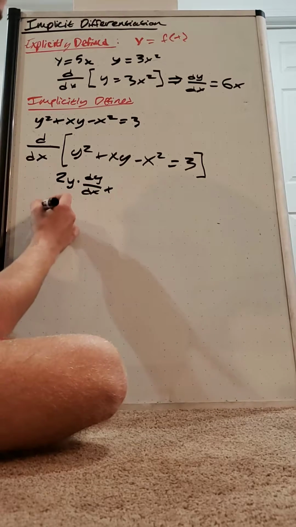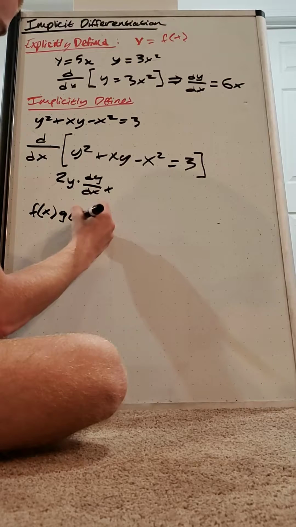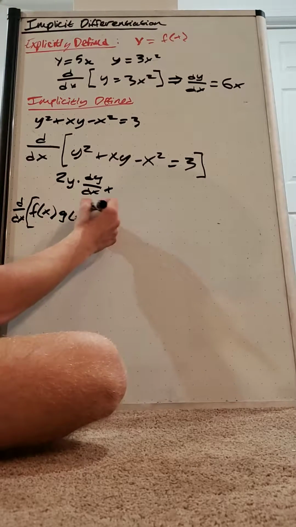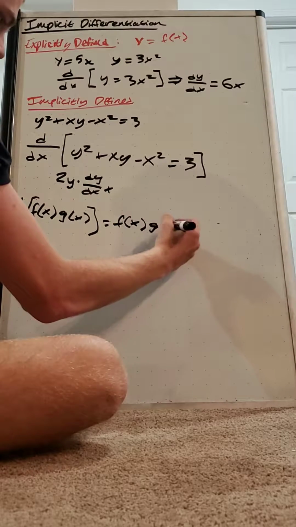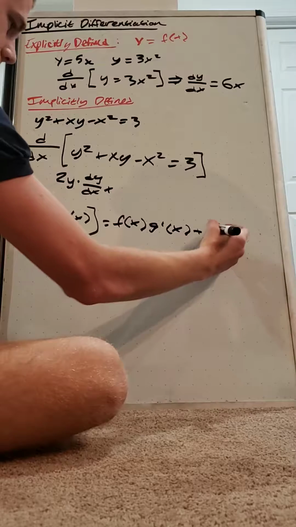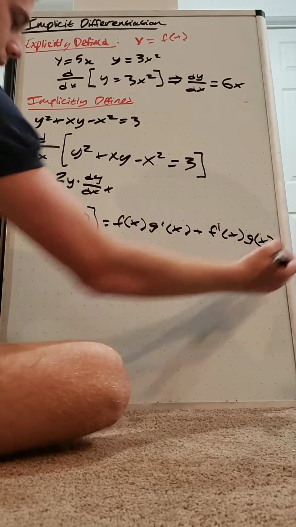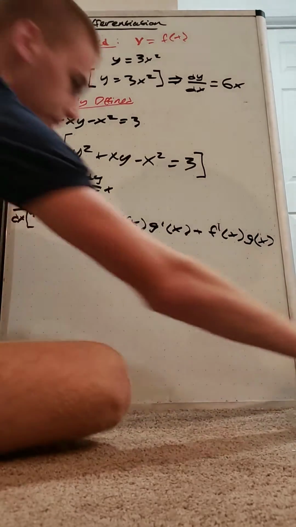If you remember, if you have f of x times g of x differentiated, this is the first term times the derivative of the second term plus the derivative of the first term times the second term. The shorthand is 1d2 plus 2d1.